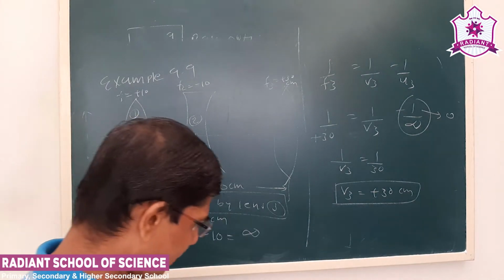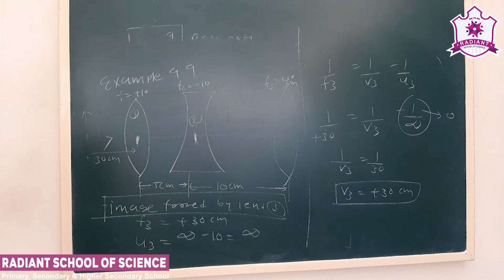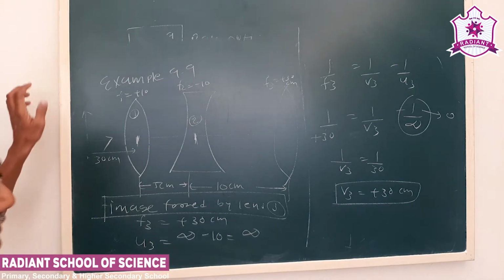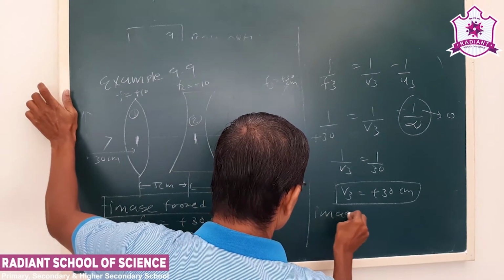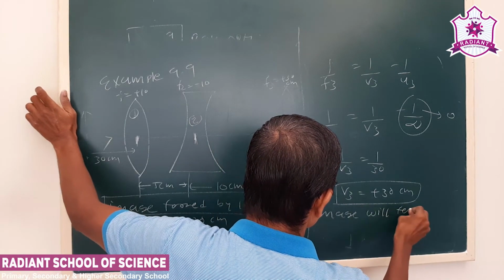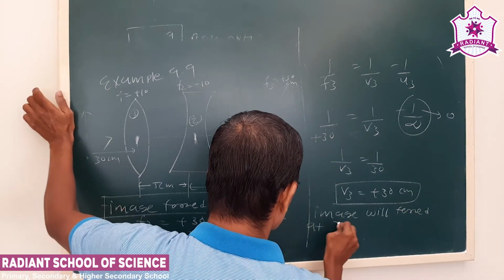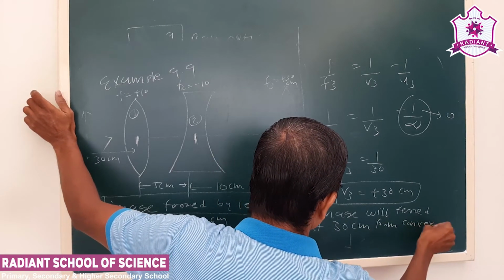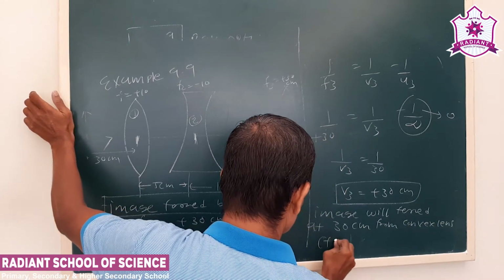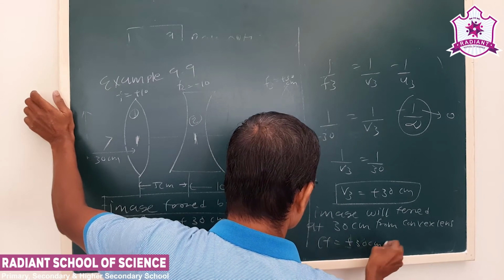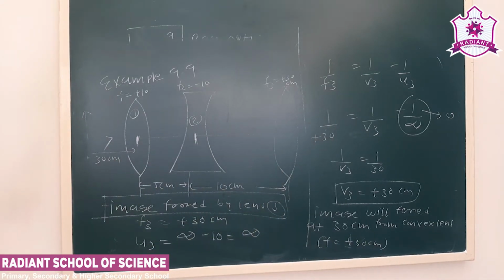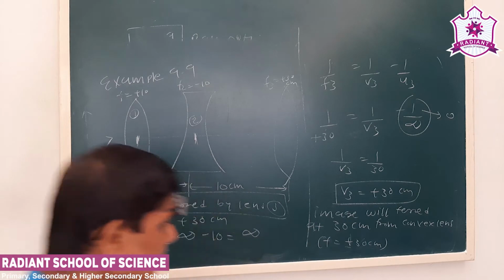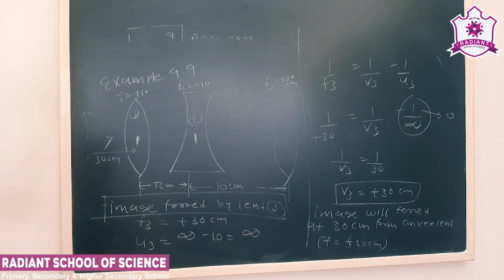So the image will be formed at 30 centimeter from lens 3. This is how we can determine the position of the image. Now this is about example number 9.9.